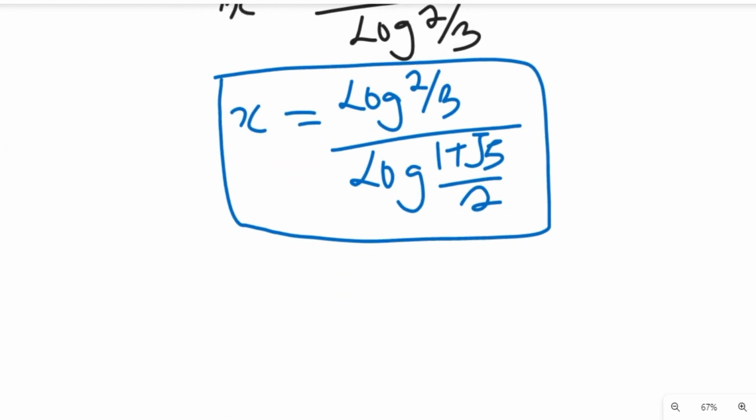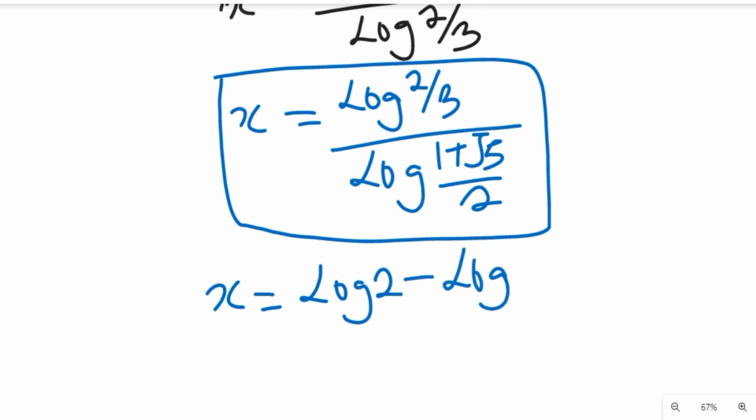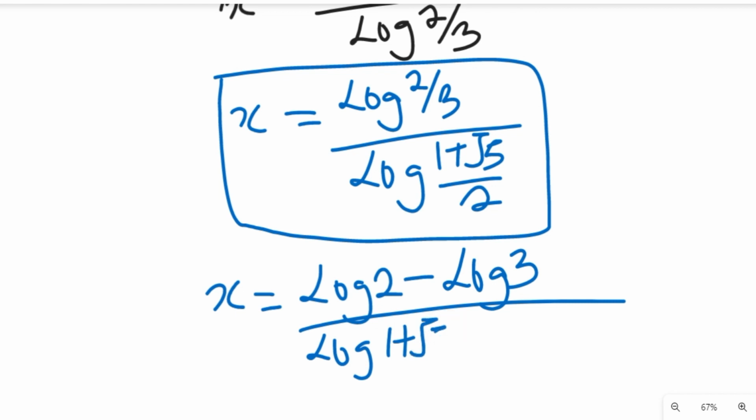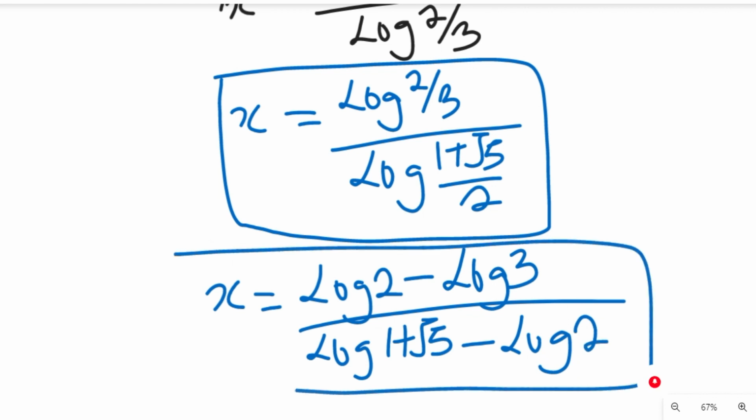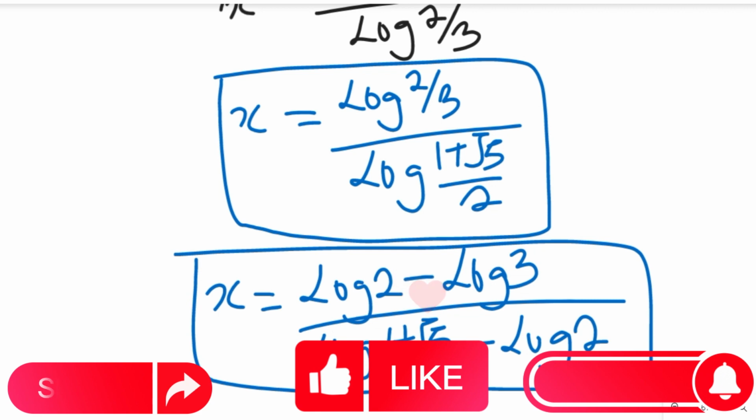So we can simplify the equation further to give us x equal to log of 2 minus log of 3, divided by log of 1 plus root 5 minus log of 2. Solve this equation and then we'll get the value of x that satisfies that exponential equation.